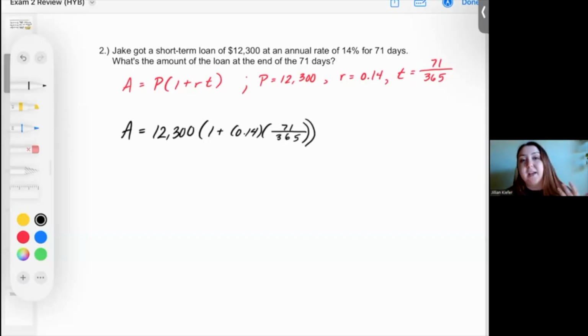So this is what we're going to plug into our calculators. Since this is money, we're rounding to 2 decimal places since cents is the smallest amount of money. So we plug this in our calculators, and we should end up getting $12,634.96.